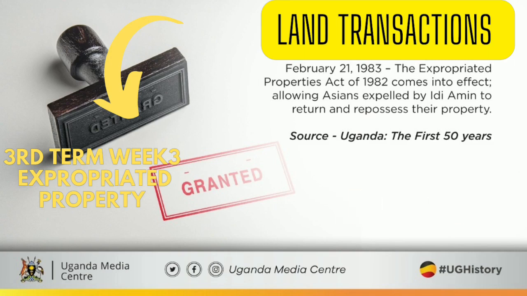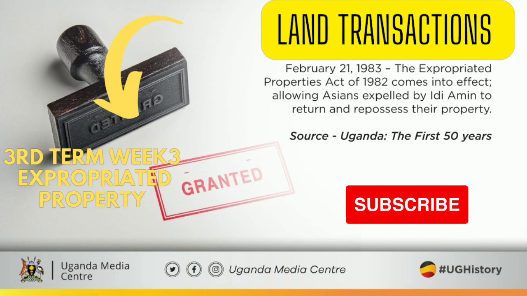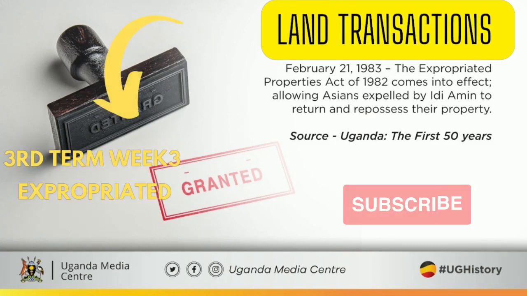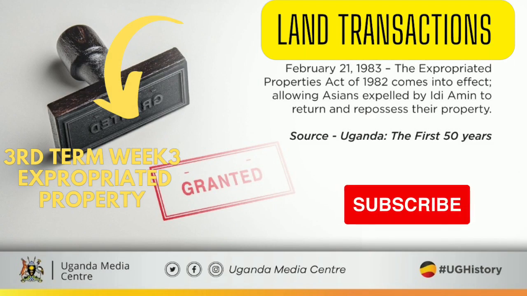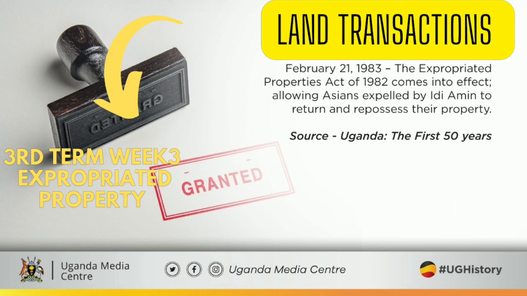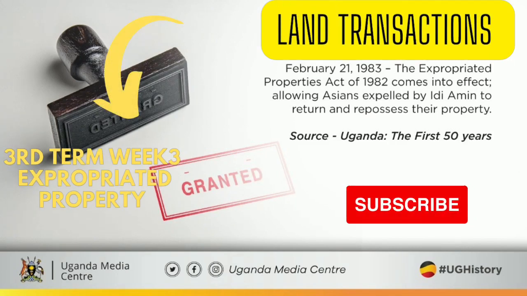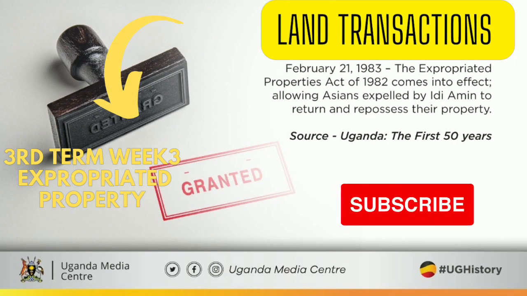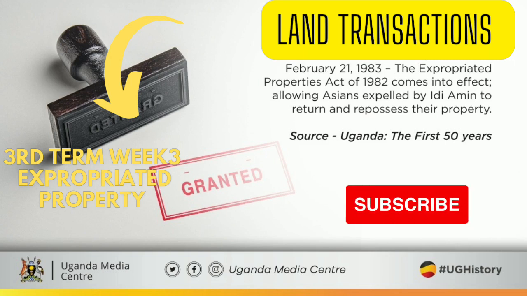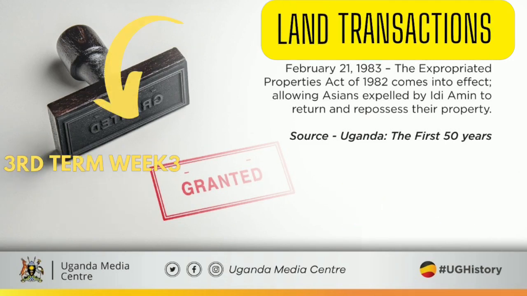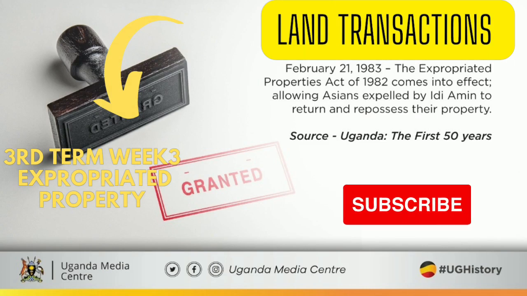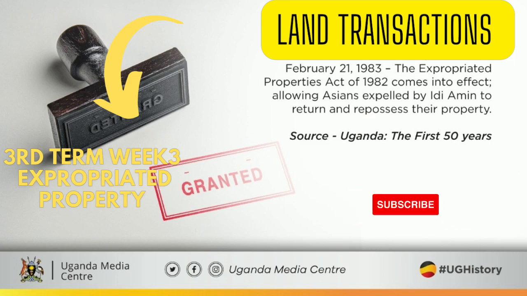So this is a week of basically two topics. Topic one is what we call expropriated property. Then topic two is what we call utilization of restricted gazetted areas of land. That is to say, forestry, riverbanks, lake shores, swamps, etc. We want to see how we obtain licenses to utilize such places, then the necessary procedure, the necessary fees.